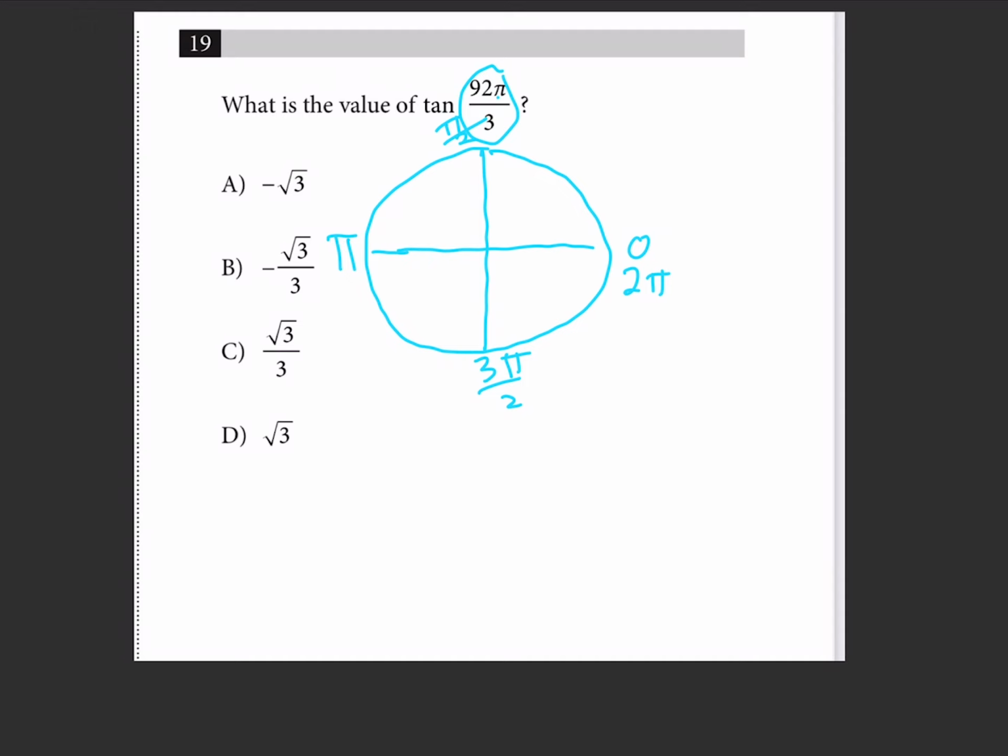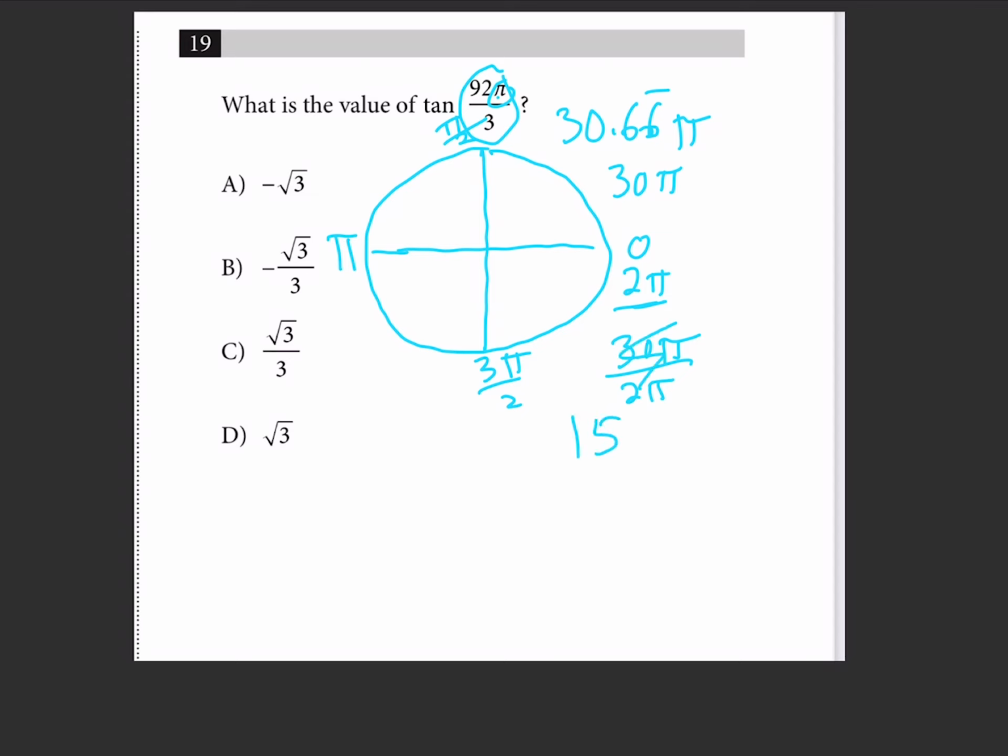So 92 thirds. I type that into my calculator, and I actually get 30.66. Now, I'm not putting in the pi, I'm just doing 92 thirds. So I get 30.66 repeating pi. All right, so the 30 pi part, that means I'd be going around. Now remember, every revolution is 2 pi. So if I have 30 pi to go around, divided by 2 pi each trip, that just means I go around 15 times.